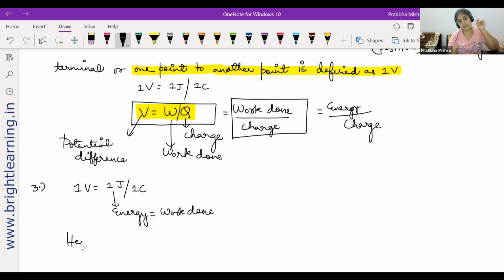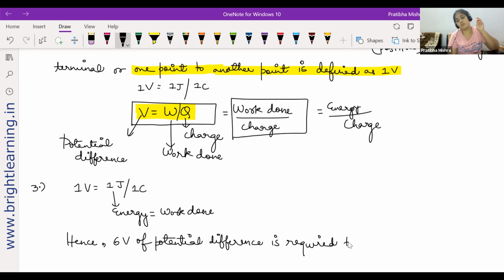So hence you will write 6 volt of potential difference is required to move how much? 6 joules itself.